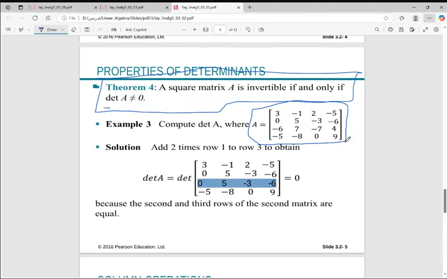So if you remember from the previous session, one method, one algorithm to compute determinant was to try to convert our matrix into echelon form. Echelon form is the upper triangular matrix, and it is easy to compute its determinant.